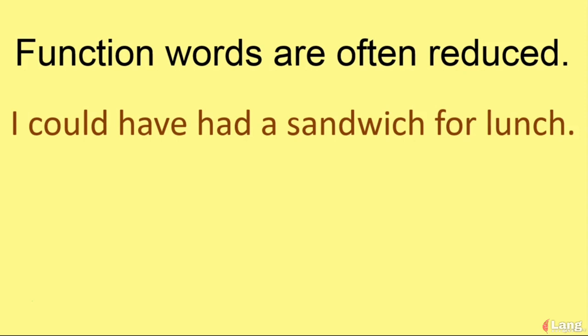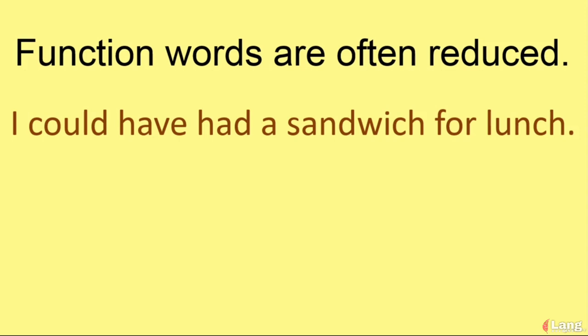Now, let's pronounce each of these words as your dictionary might tell you to pronounce them. I could have had a sandwich for lunch. Now, this is a very clear way of speaking, and there is little chance that you would misunderstand me.